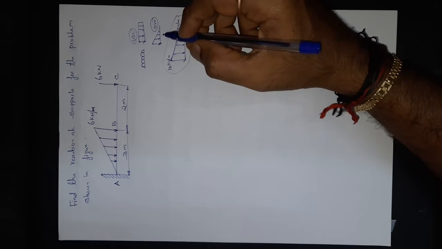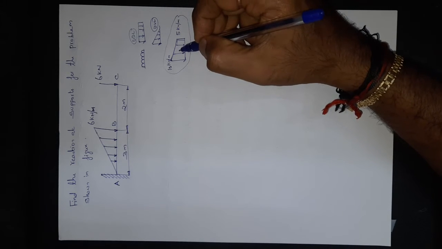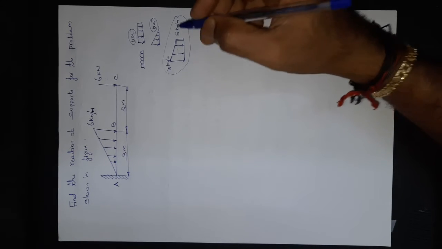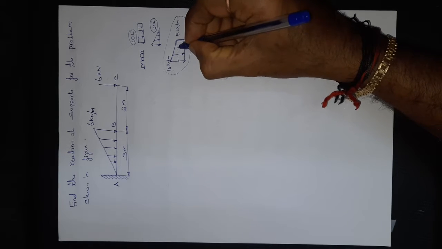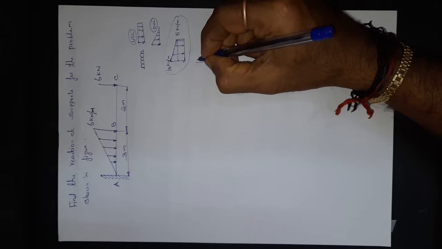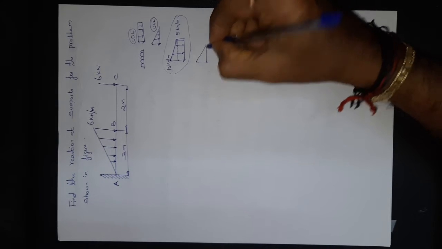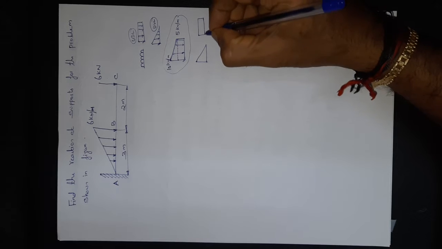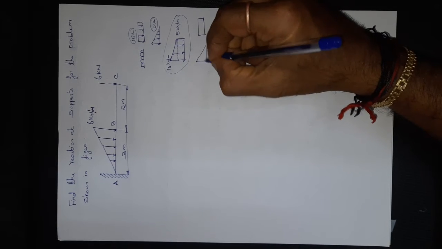The reason why I'm making you understand this is that such a problem can be asked. So this is the combination of UDL and UVL. Look at here. So this is UVL and this is UDL. So this can be converted in this way. Right?